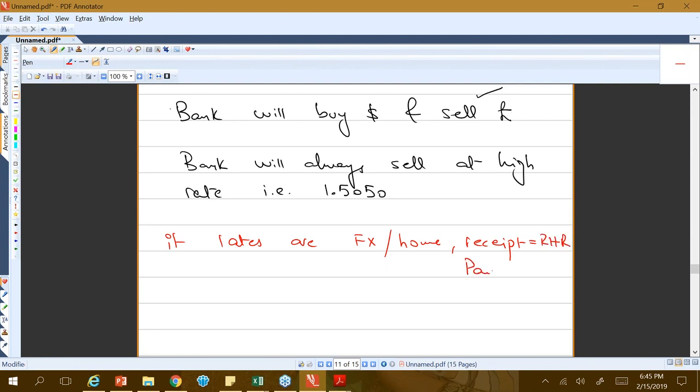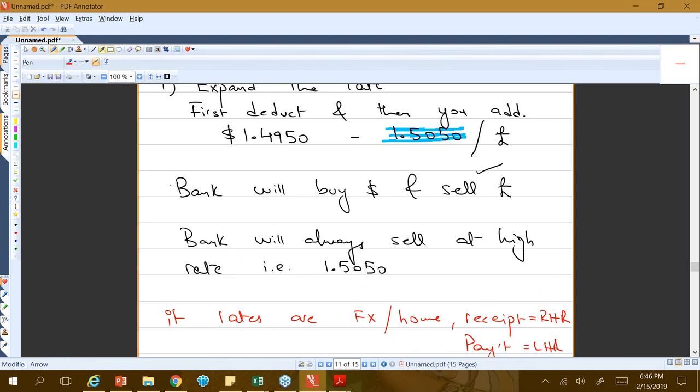And if it's a payment, we always use the left-hand rate. On this example, I knew the dollar was my FX and the pound is my home. So for a receipt, right hand.